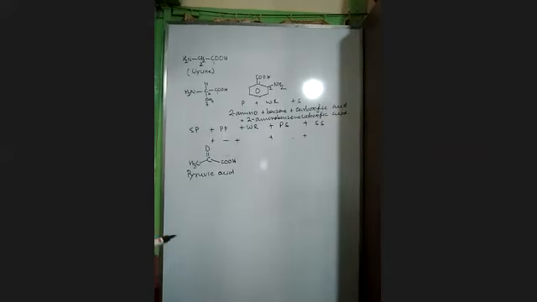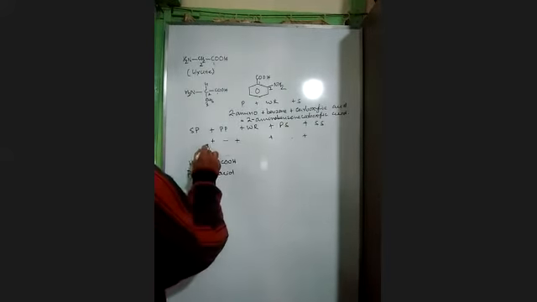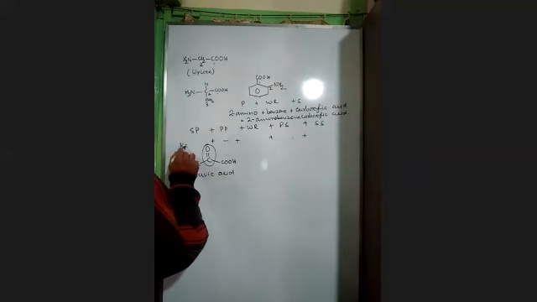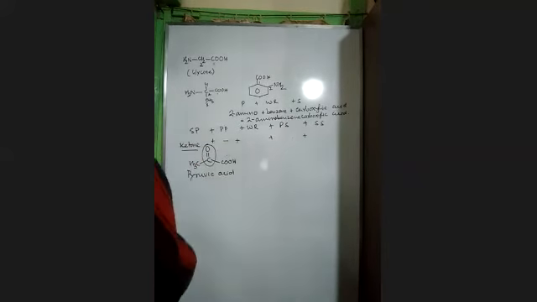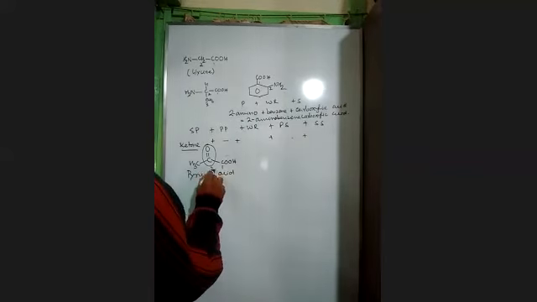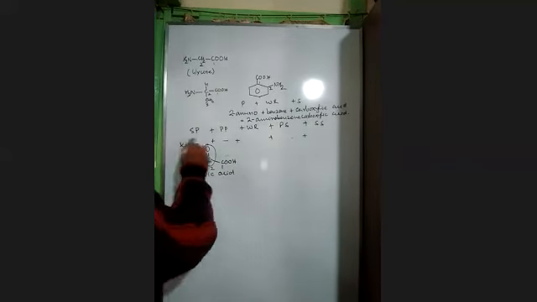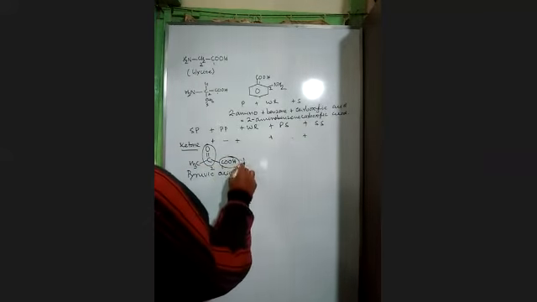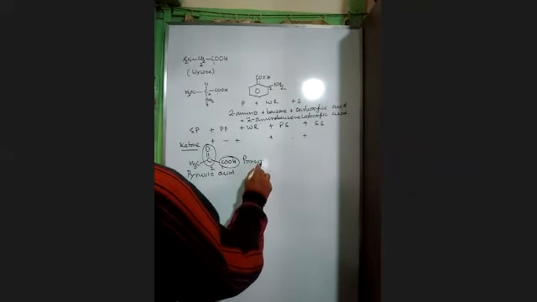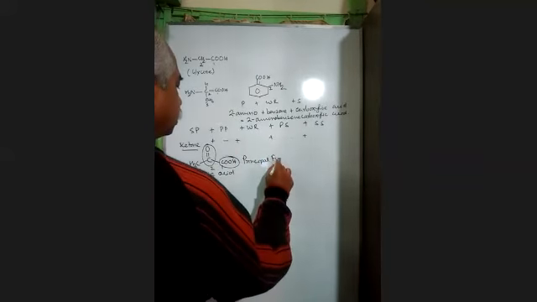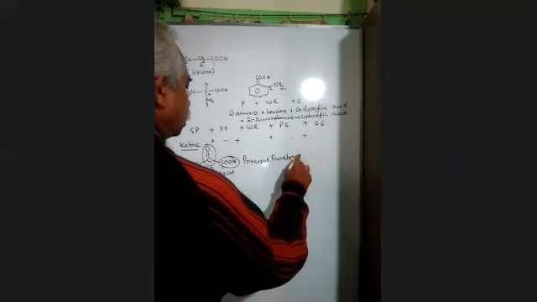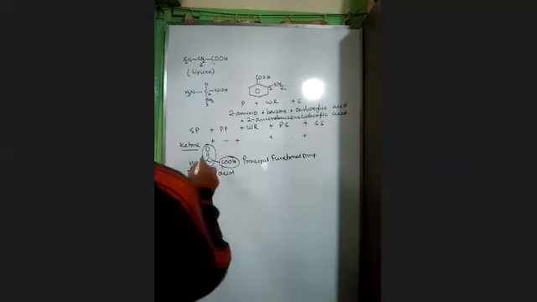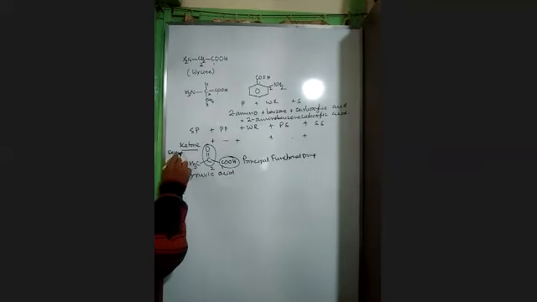So what will be the name? Look here. What is this group? This group is called ketone. Which position do you have here? 2. When ketone comes as a substitution, this is the principal functional group and this is the secondary functional group.